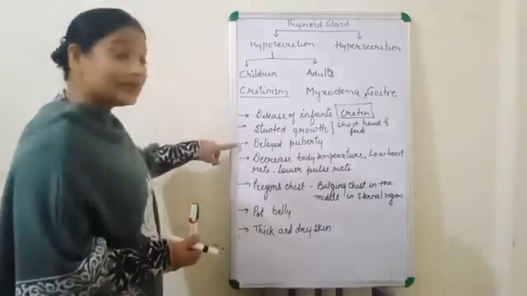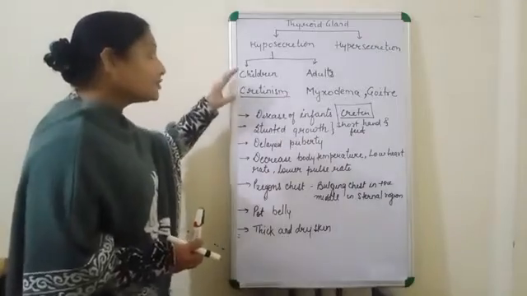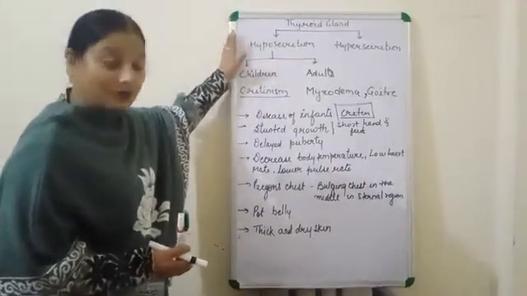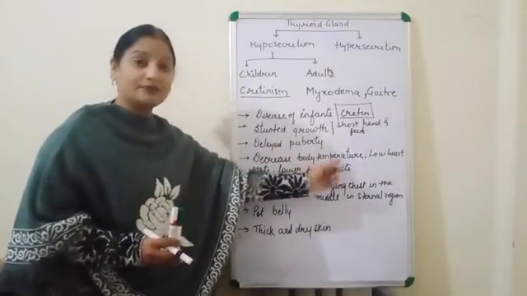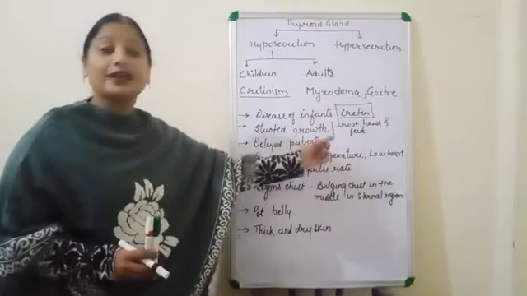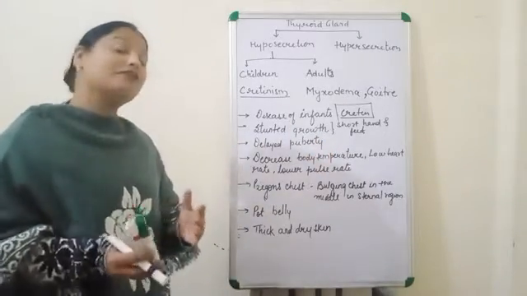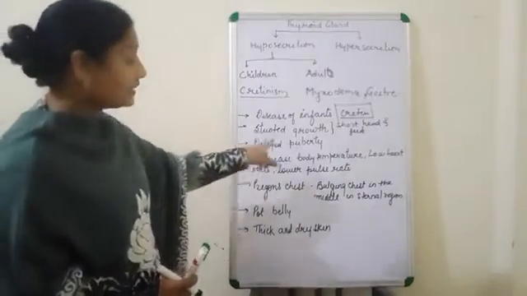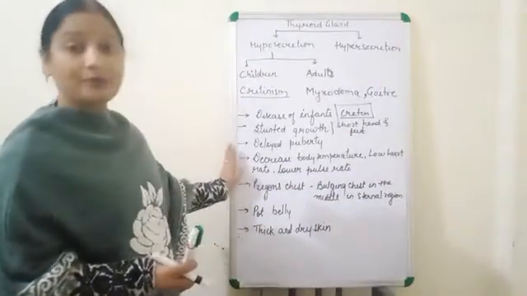So, delayed puberty, then the absence or hyposecretion of the hormones may cause decreased body temperature. As we have seen, thyroxine helps to maintain the body temperature, so if it is in a lesser amount, it can decrease the body temperature, lower the heart rate and lower the pulse rate.